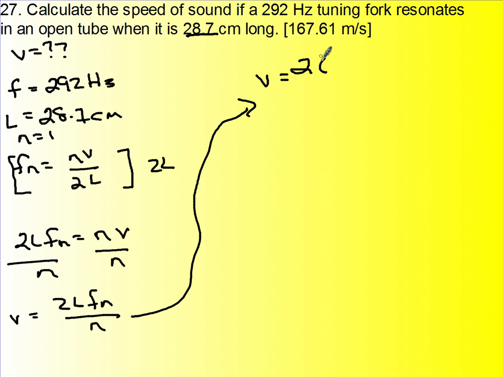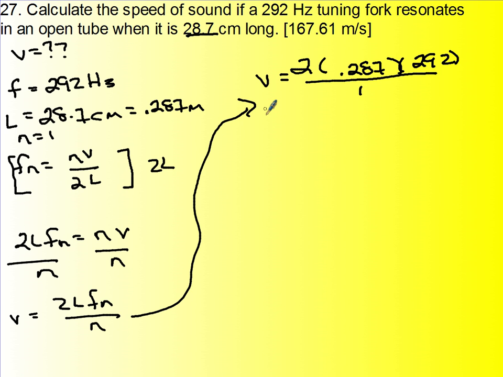L is, okay, 27.8 centimeters. I need to convert this to meters. It's 0.287 meters. 0.287. Fn is 292 hertz divided by n, and in this case n is 1.